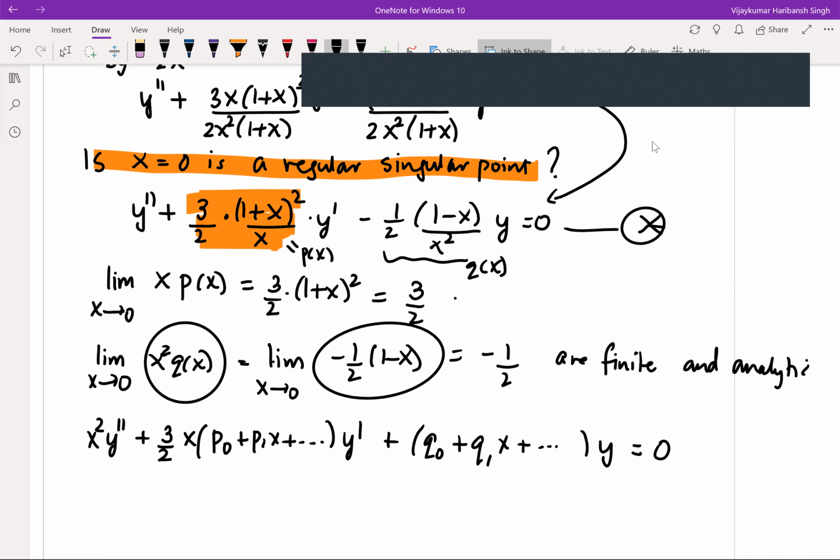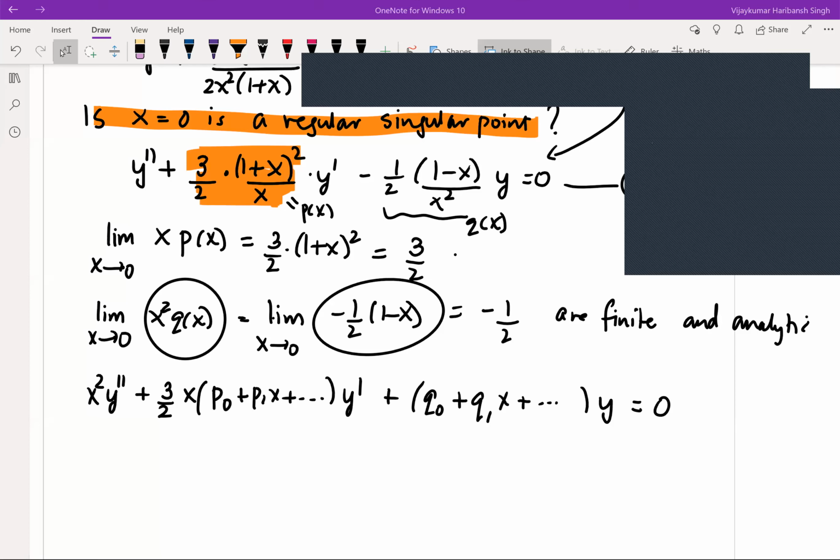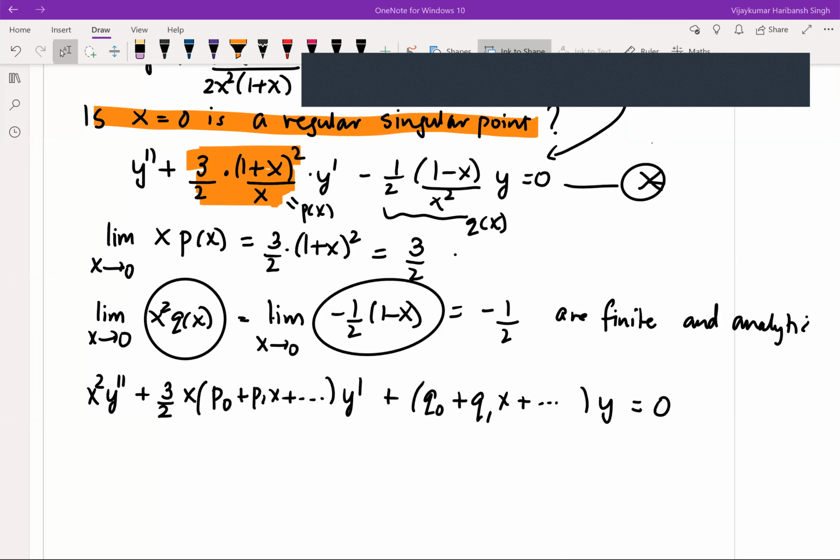So then from here you can get basically an identical solution. So we get x square y double prime plus 3 by 2 x p naught.